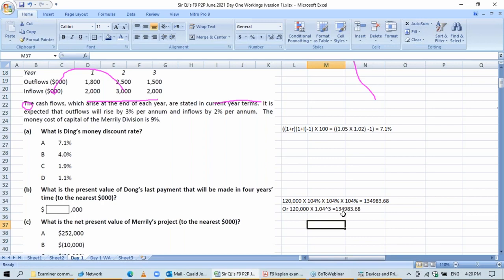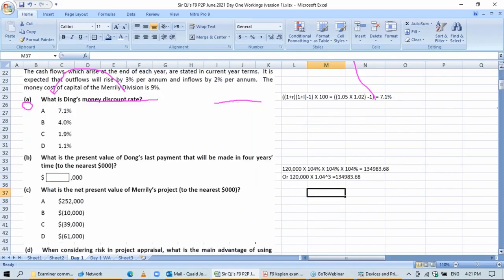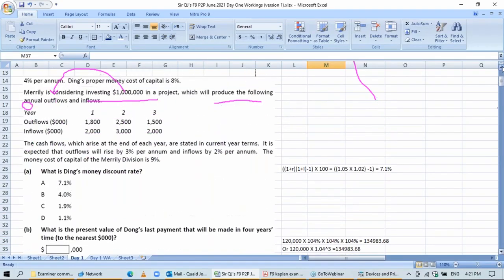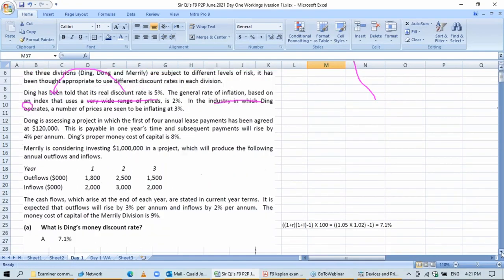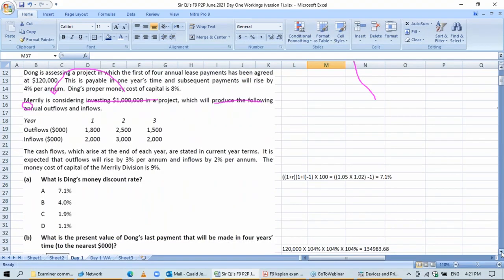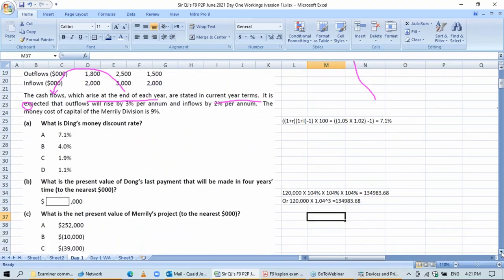So if we round this answer, this makes 134,983, and now the question requires that we need to know the present value.